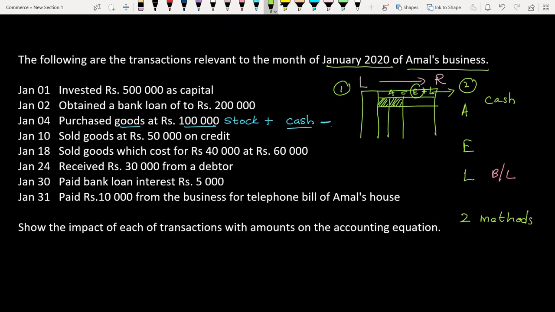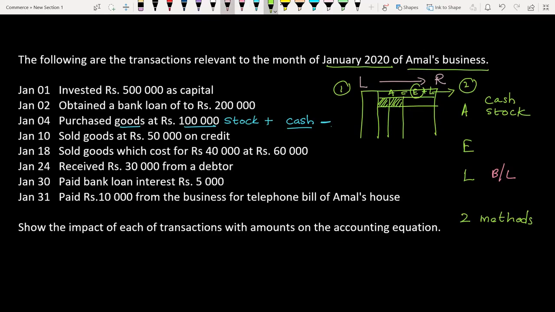So I'm going to write stock here. So basically what we do here, we identify the columns that we should include in our table. So for now, we have two asset columns, cash and stock, and one liability column, bank loan.